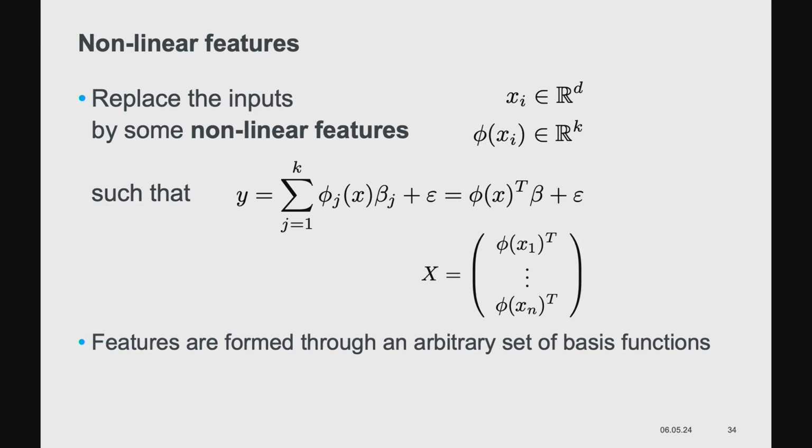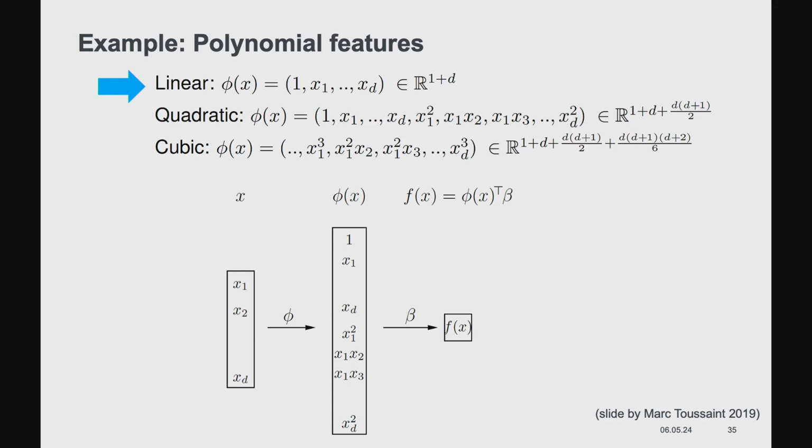And what you see from this part is that once I have turned x into phi of x, I use the linear process. I don't change anything of what I told you before. The only change that happens is that I turn my x into phi of x. Now, why should I do that? And what makes this useful?